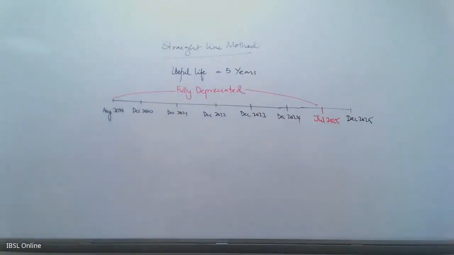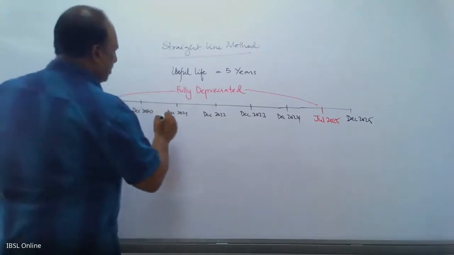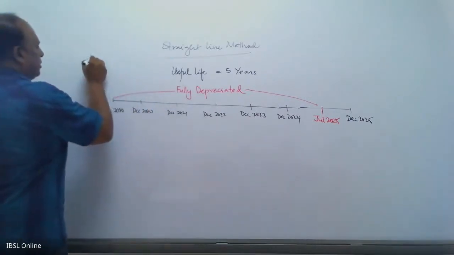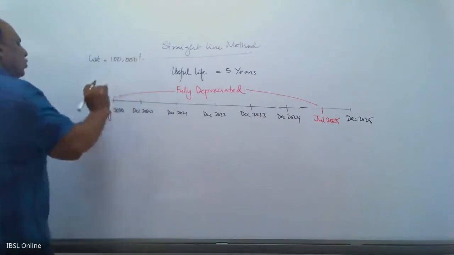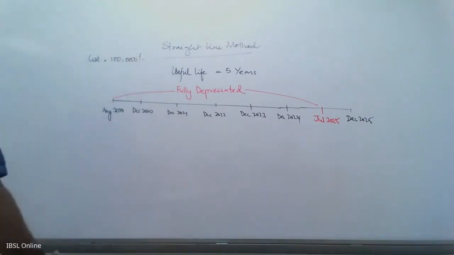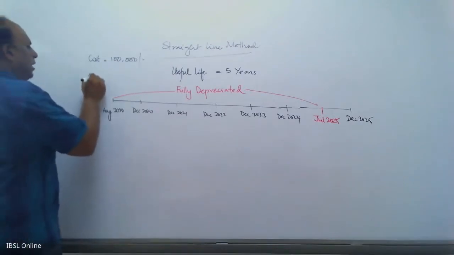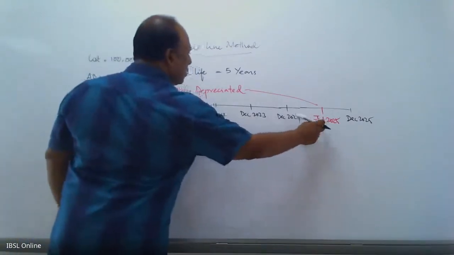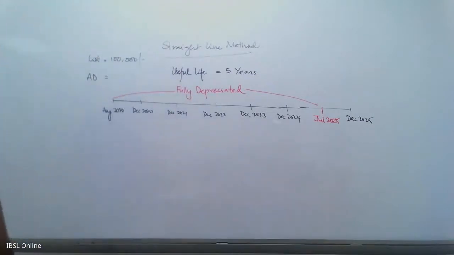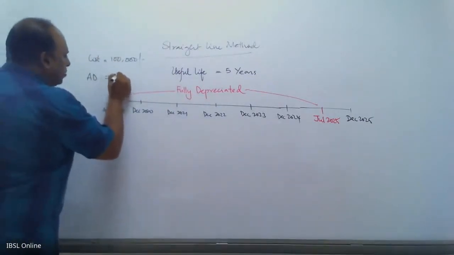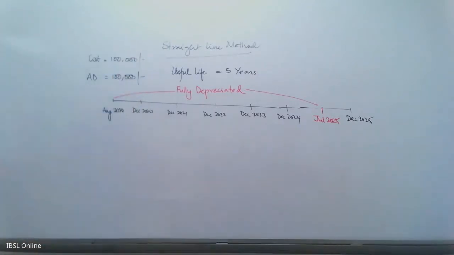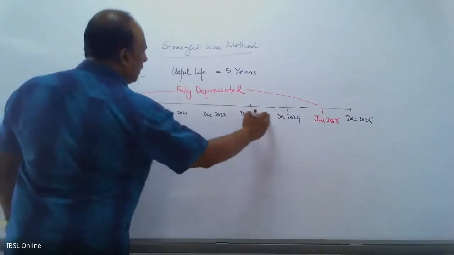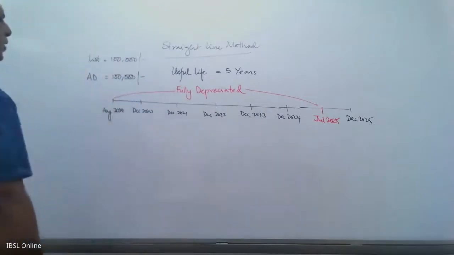So what happens? Now you will have a cost. Your cost is, let's say, 100,000, and there is no scrap value, no residual value, nothing. Now at the end of July 2025, what will happen? Your accumulated depreciation is also 100,000, because you will start depreciating from here, and if you reach by July, it is going to be 100,000.